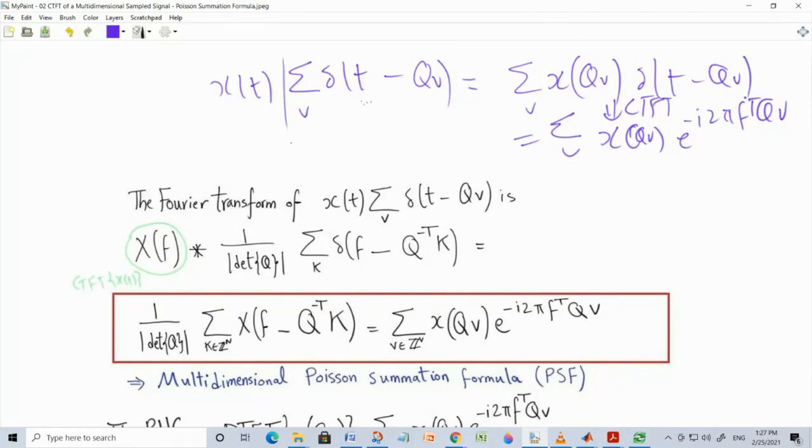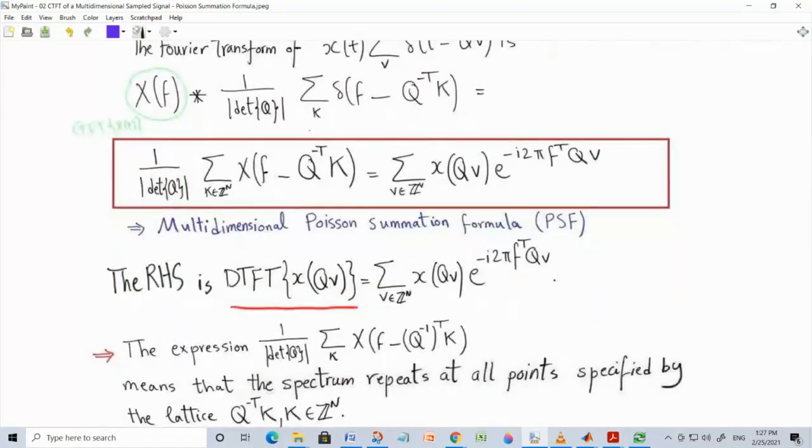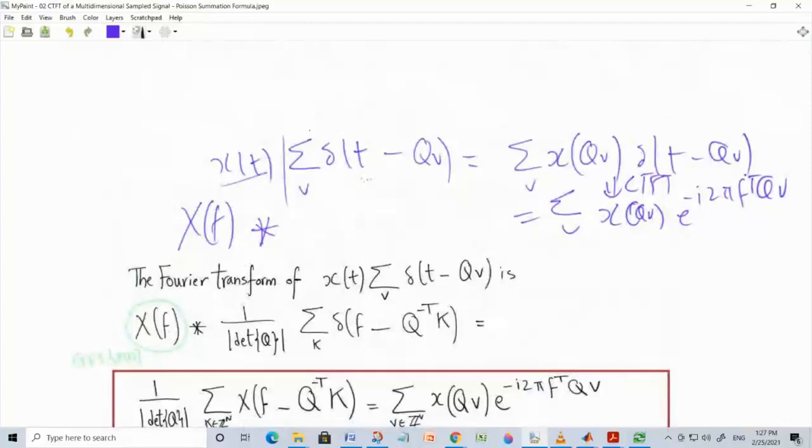On the other side we have a product, and so by the convolution theorem, this product becomes a convolution. So you have the CTFT of x of t, let's denote it by x of f, and then the product becomes a convolution with the CTFT of the train of Dirac deltas, which is also a train of Dirac deltas, but characterized by the matrix Q inverse transpose.